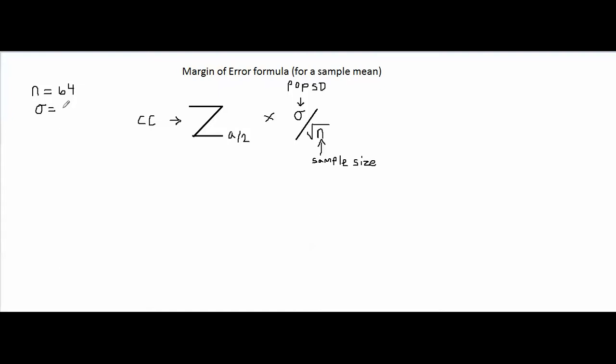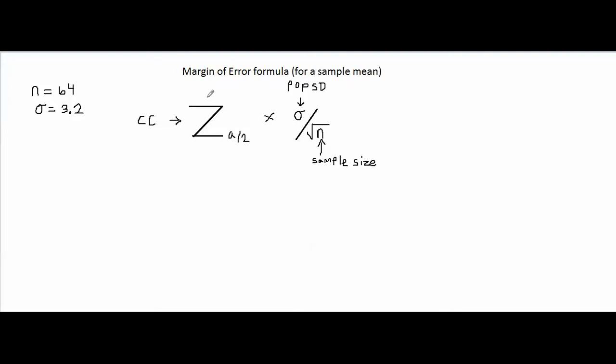Let's imagine that the population standard deviation is 3.2. So somehow I know that the standard deviation of the JFK population is 3.2 siblings, and that's going to go right here in the formula. So I have this, and I have this.